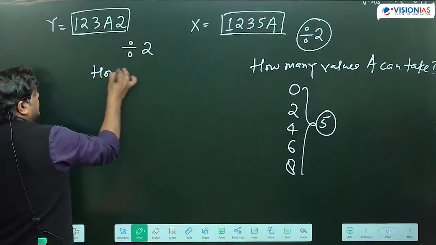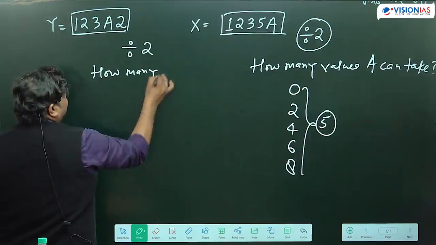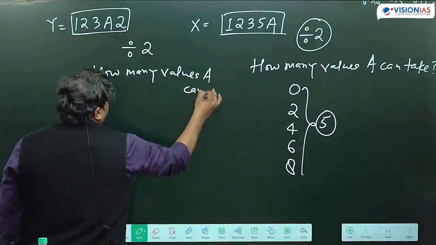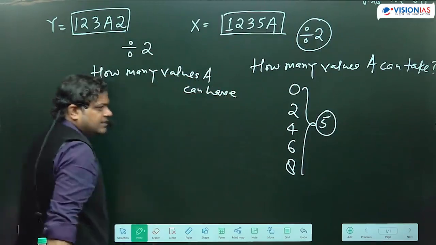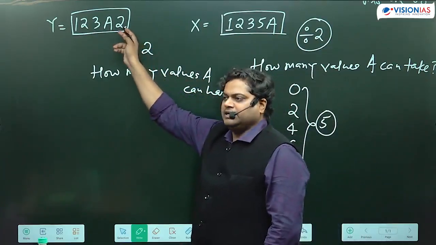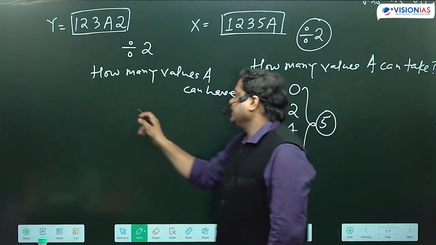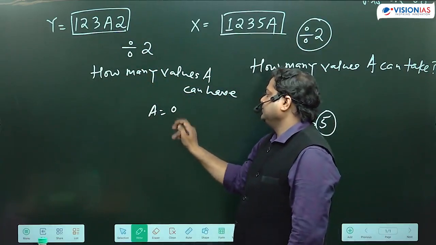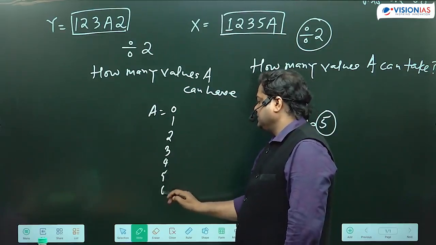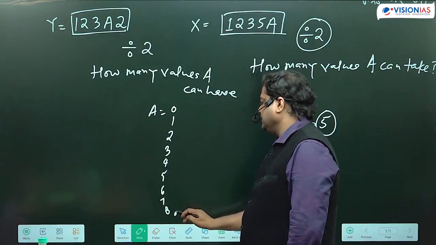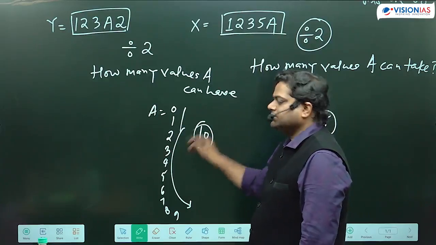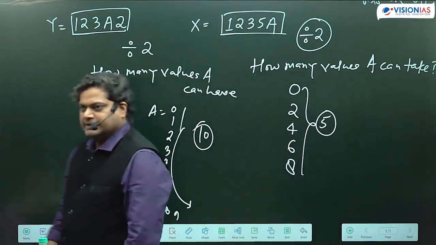How many values can a have? It is divisible by 2, and 2 is already at the unit place. What values can a have? 0, 1, 2, 3, 4, 5, 6, 7, 8, 9. Total 10 such values. Okay.